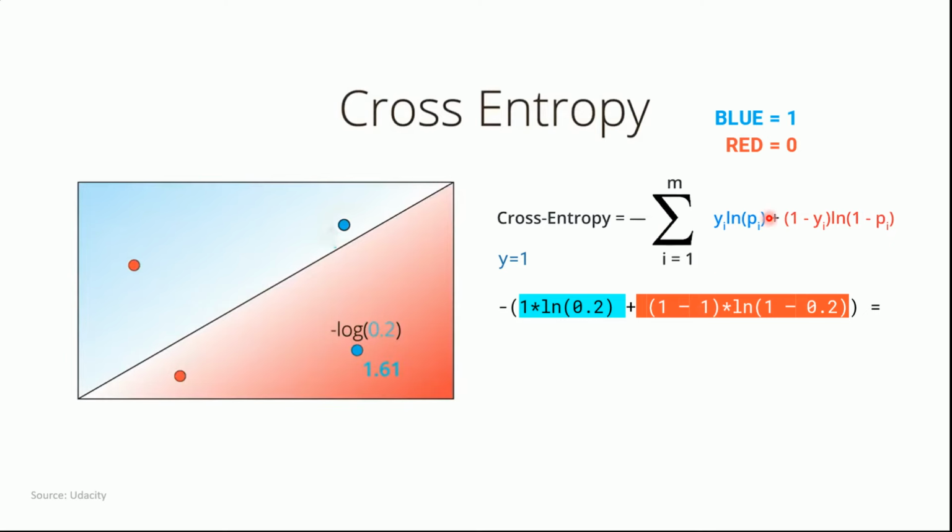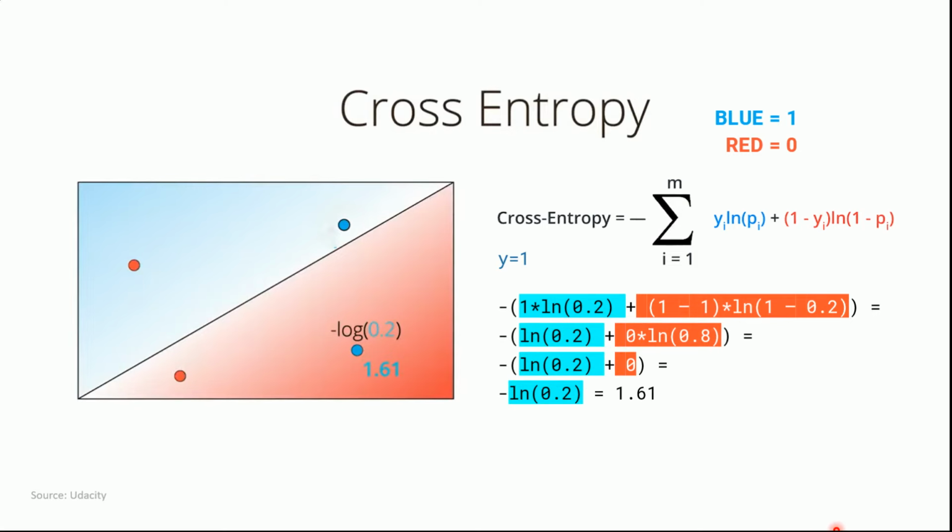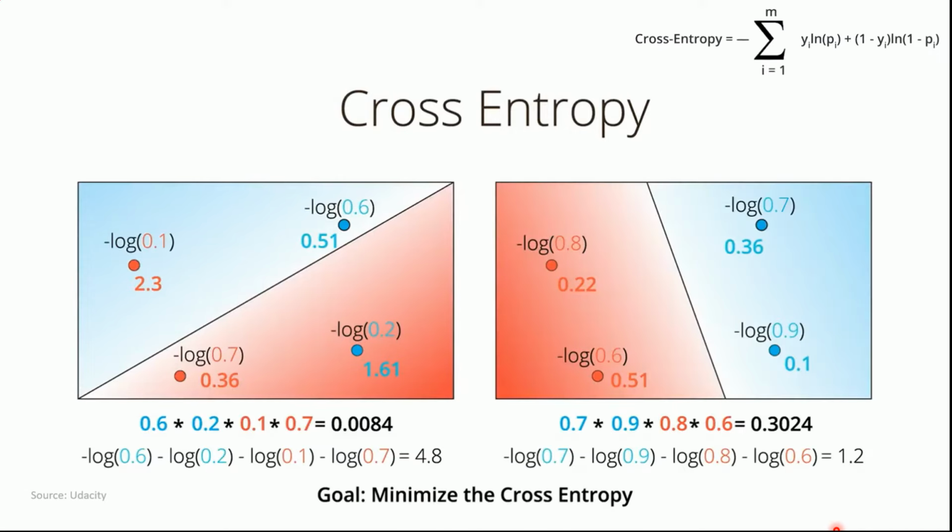So now, by multiplying y here, we have activated again this part of the formula, and we have deactivated this part of the formula, which gives us exactly minus a logarithm of 0.2, which is 1.61. So if we put all these together, we see that we get a high overall cross entropy for all our points here, and here we get a smaller cross entropy for all our points. So this is actually what the cross entropy really does for us, right?